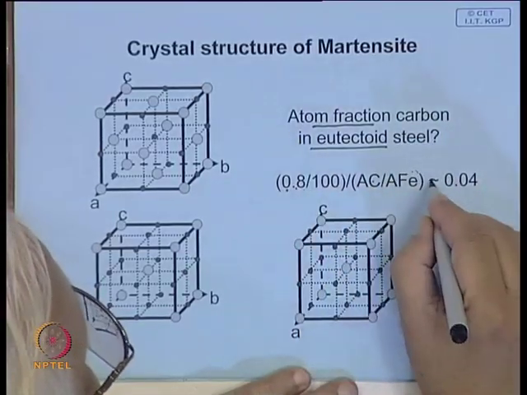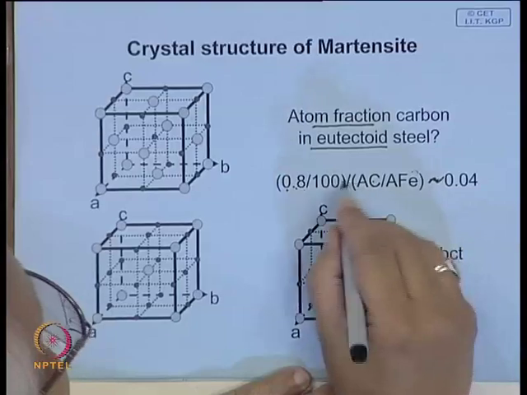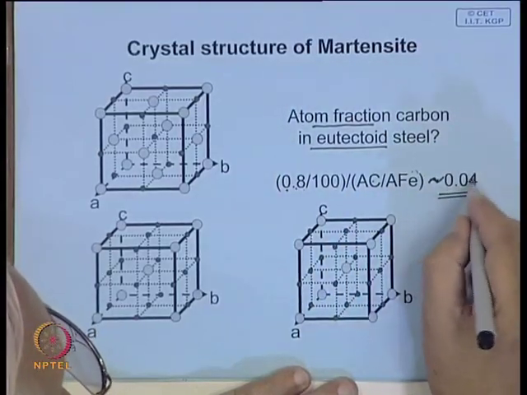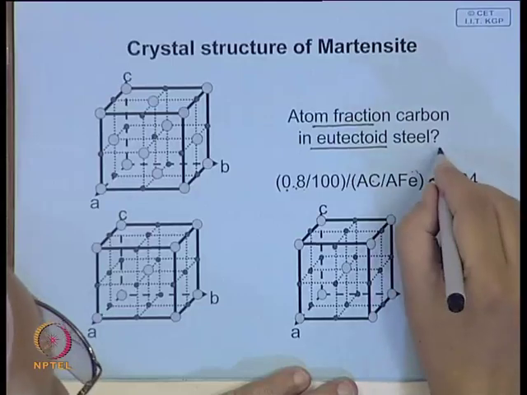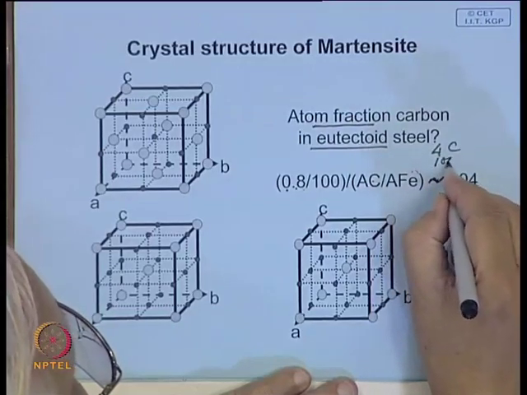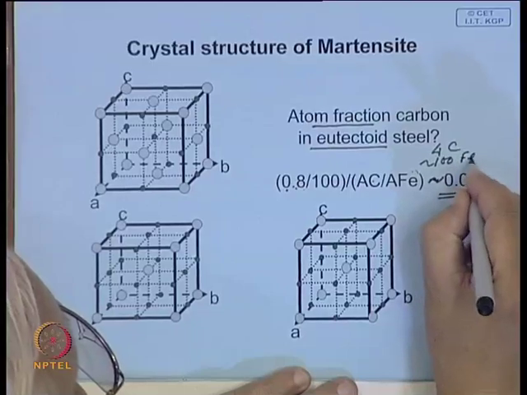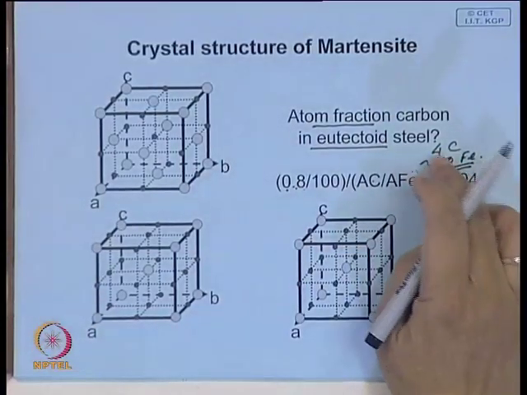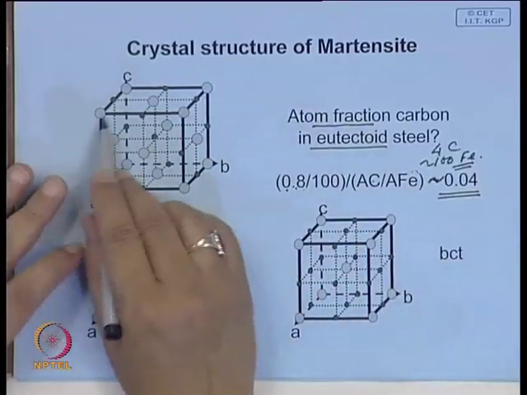If you do that, you will find that even in eutectoid steel you have 4 carbon atoms within, let us say, roughly 100 iron atoms. So, the ratio is 4 to 100. So, even within that unit cell.